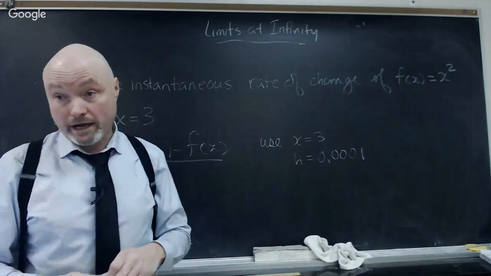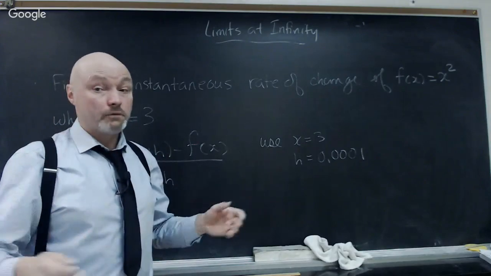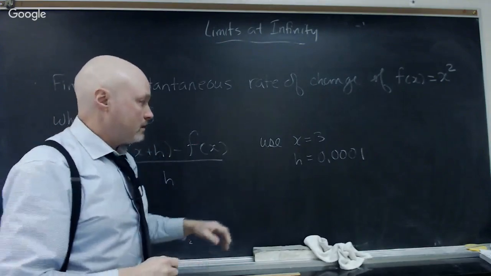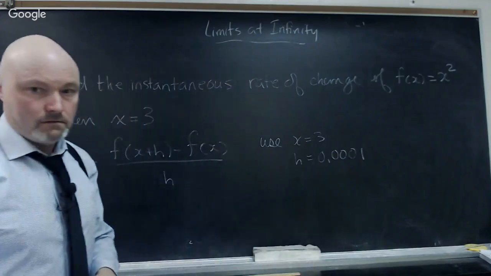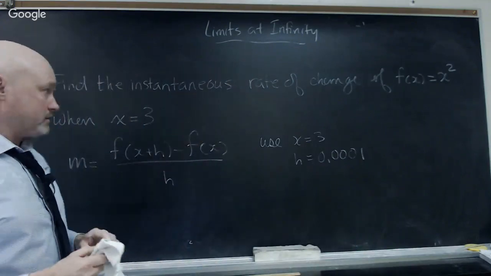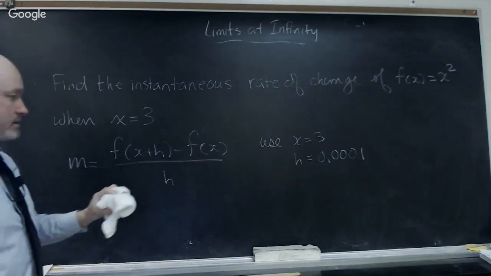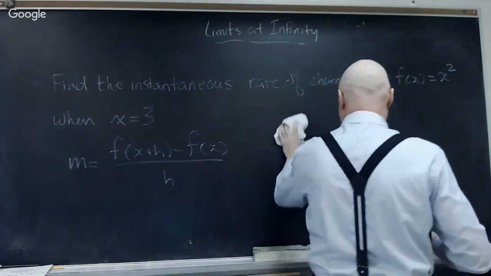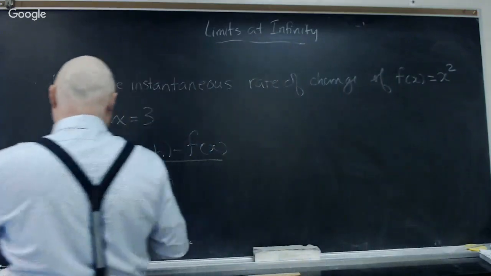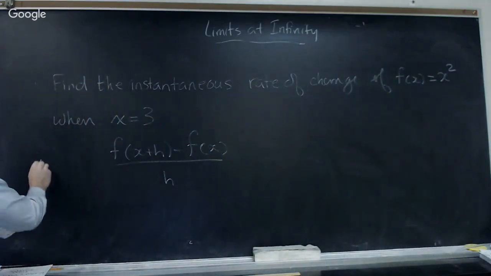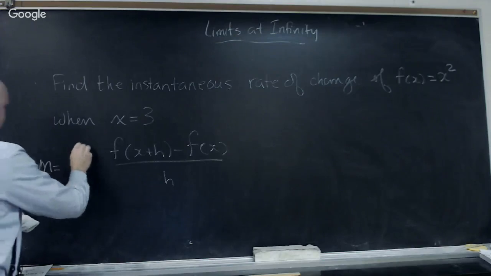So that's one way I might ask you to find or approximate the slope of the tangent to that curve when x is equal to 3, for example. Okay? And what is the second way? Anybody? Anybody? Algebraize it?